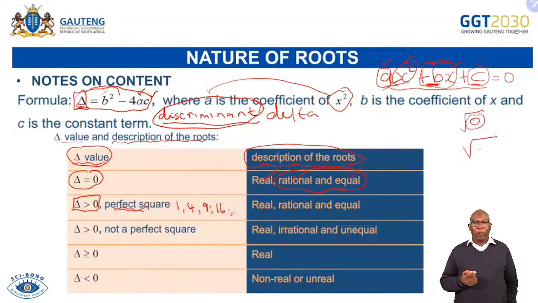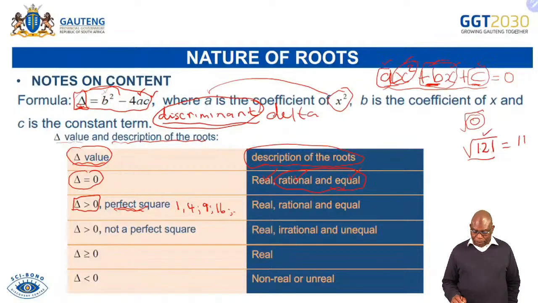Square root of 1 will be 1. 4 is a perfect square. Square root of 4 is 2. But 5 is not a perfect square. So those numbers that we can get the square root of are perfect squares. For instance, if I've got 121, I know that the square root of 121 is 11, so this is a perfect square.